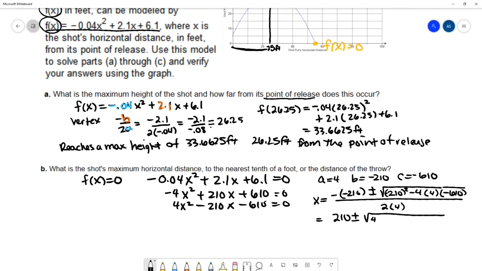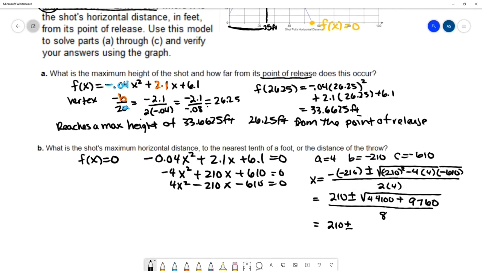That's a big number, so maybe I made a bad choice here, but that's okay. 4 times 4 is 16 times 610, and that gives me a plus 9,760 over 8.